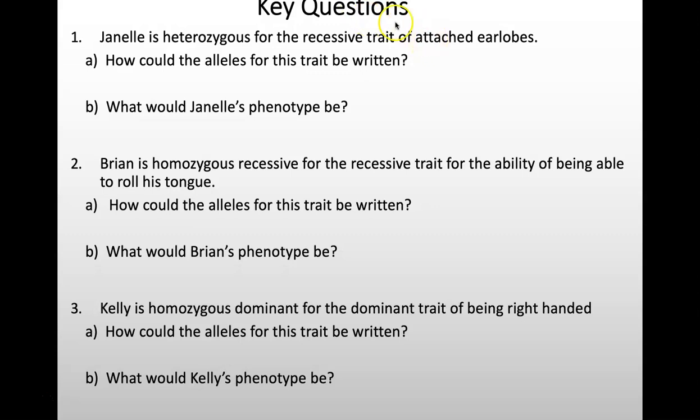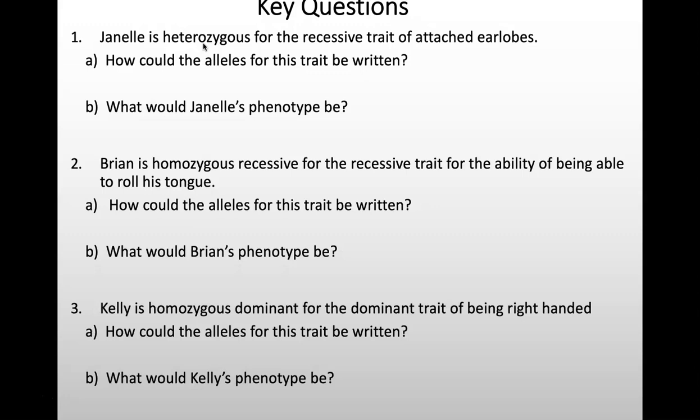Okay, now she's heterozygous for the recessive trait of attached earlobes. So the recessive trait is a little a for attached earlobes, and the dominant allele must be not attached earlobes.